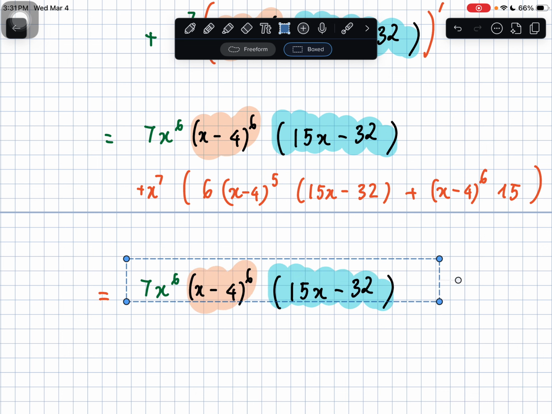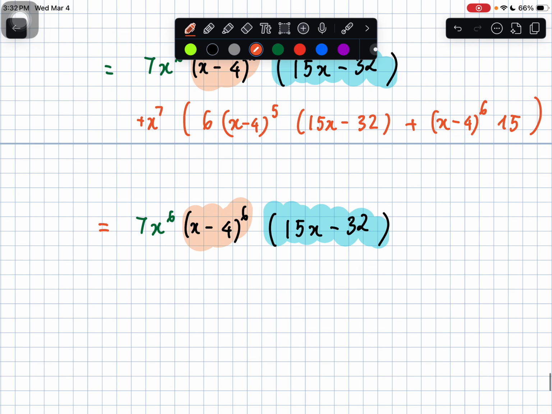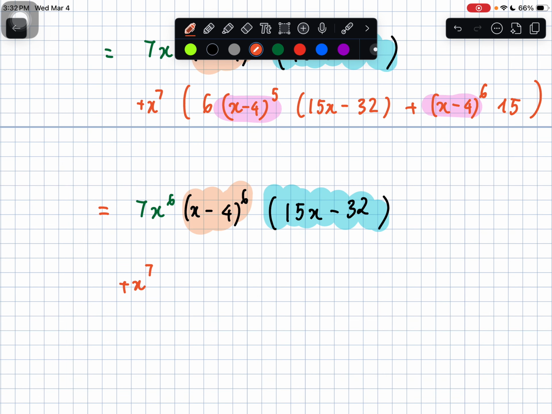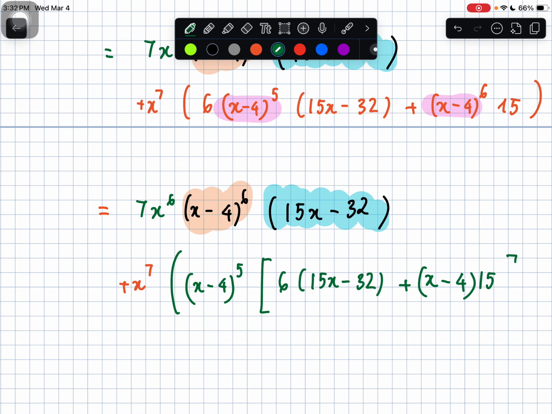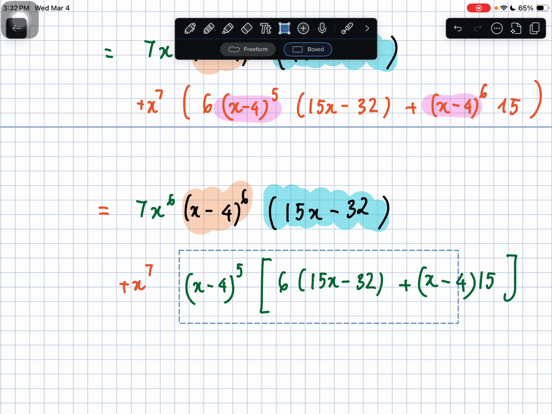This one keeps the same. Second one, x^7 outside, these terms in common. So we can group (x minus 4)^5 here. Inside we have 6 times (15x minus 32) plus (x minus 4) times 15. That is the second term.